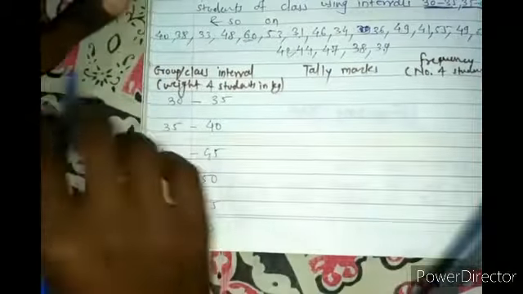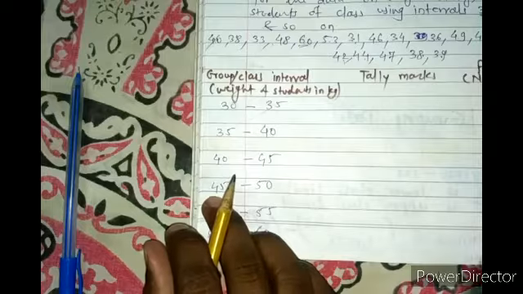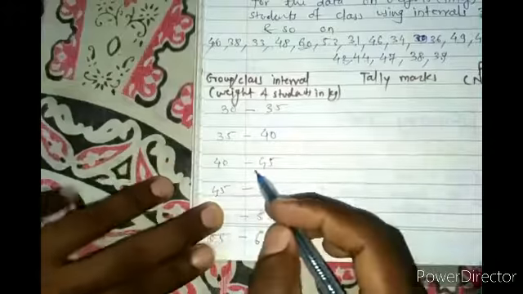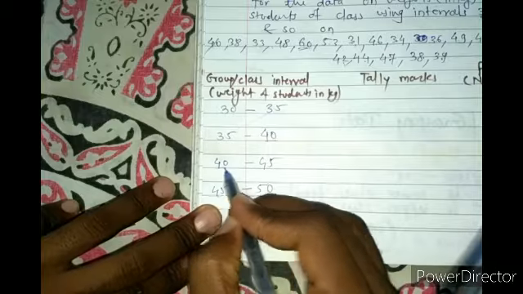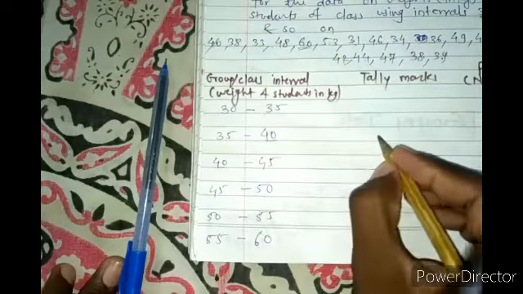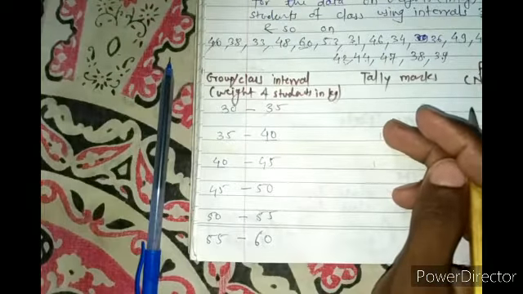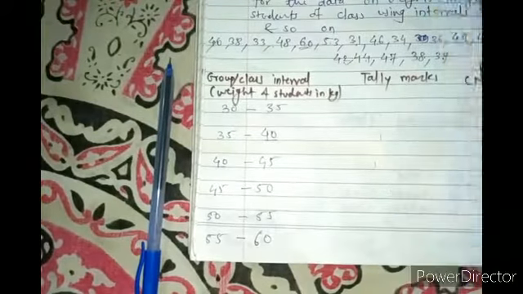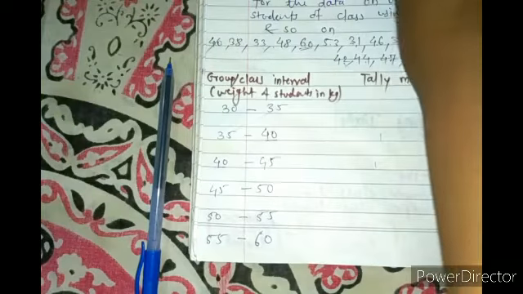Now give the tally mark for 40. So 40 will come here. Now this is the question, where does the 40 come? Think about that. Yes, I think most of you got the correct answer, but see the fact here. Here is also 40, here is also 40. So where will the 40 lie, right? Some of you will think here, some of you will think here. But 40 will not lie in both classes, it will lie in one class, and that class depends on the limits, right?